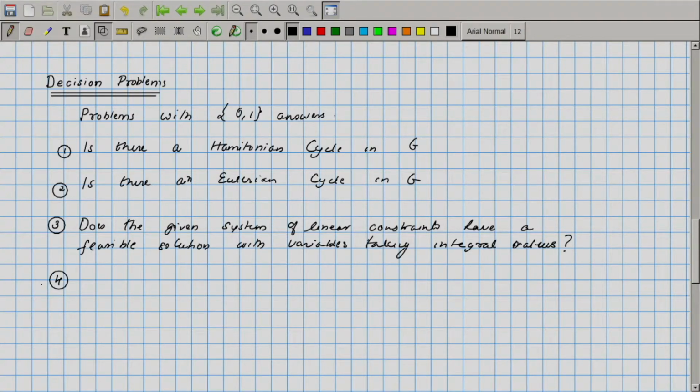Another example of a decision problem would be, is there a perfect matching in a given bipartite graph?